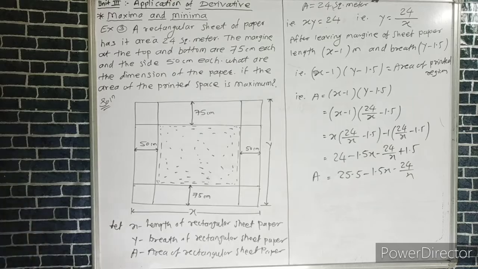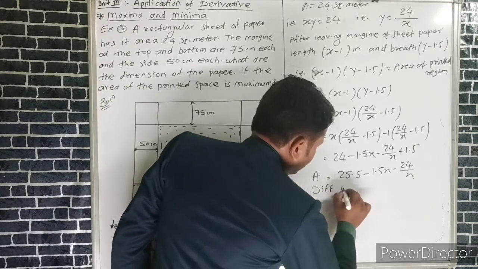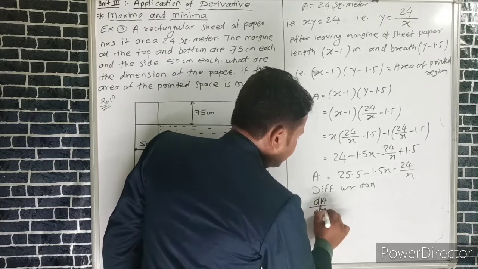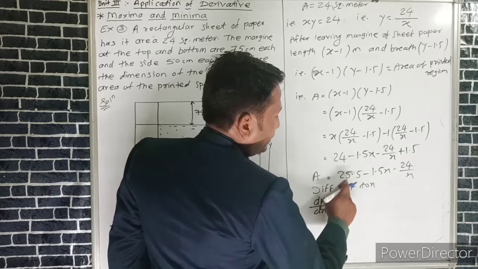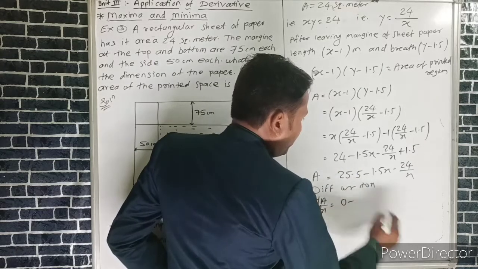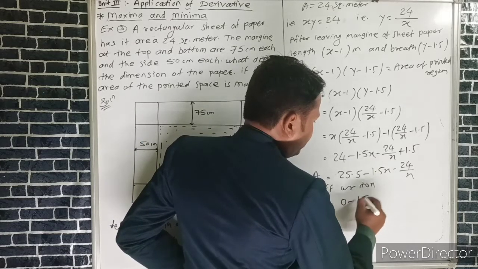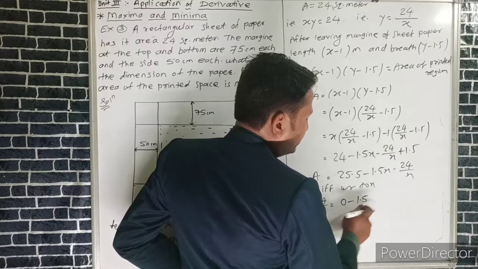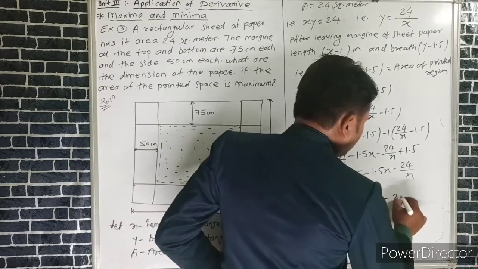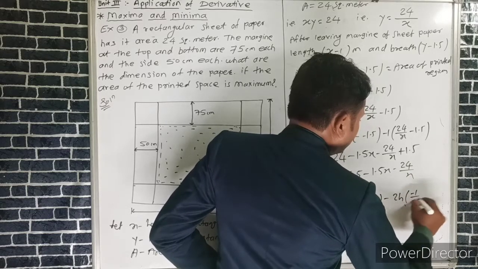If we differentiate this area with respect to x, then dA upon dx is equal to the derivative of 25.5, which is a constant, so 0, minus the derivative of 1.5x, which is 1.5, minus 24 times the derivative of 1 by x, which is minus 1 upon x square.